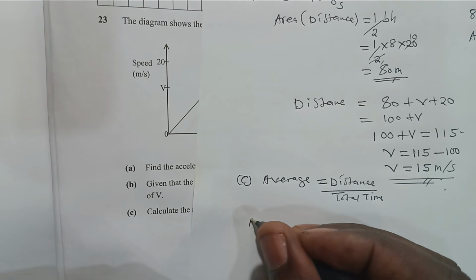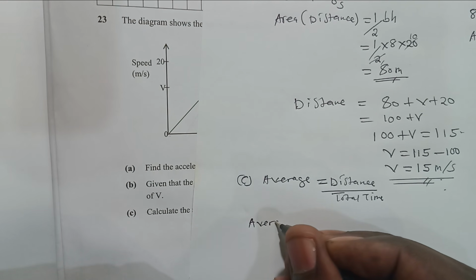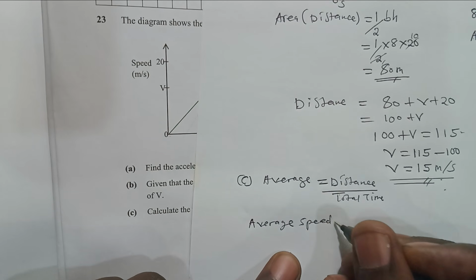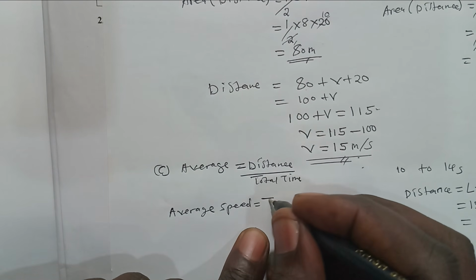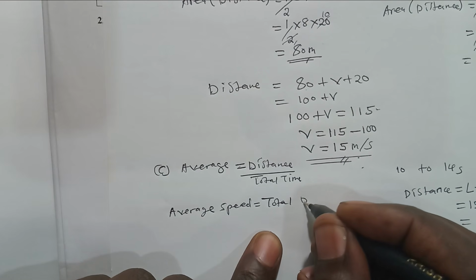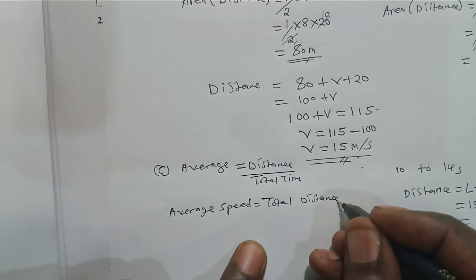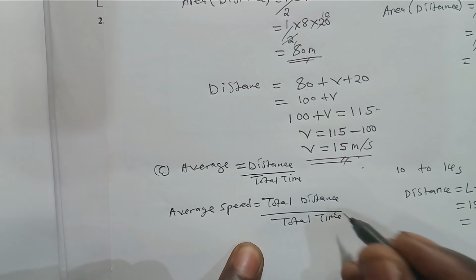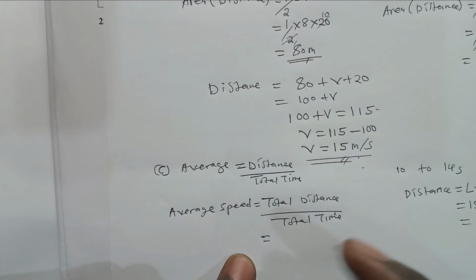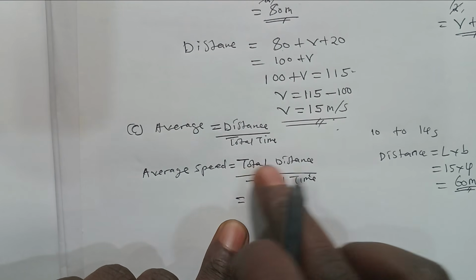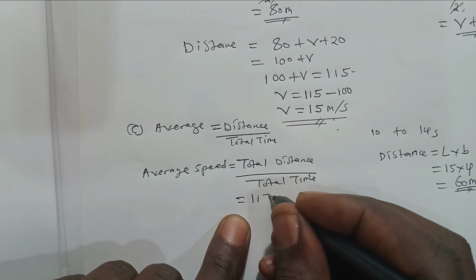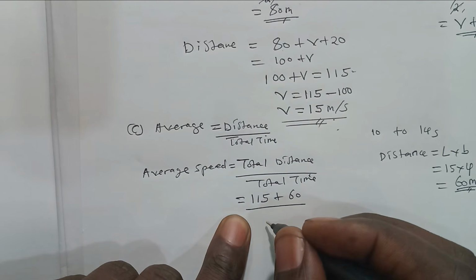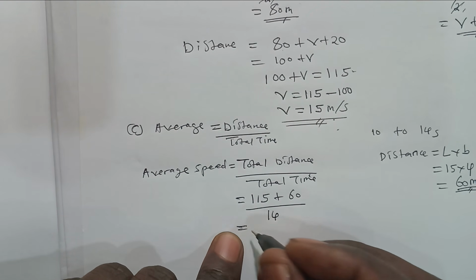So we are saying average speed is equal to total distance over total time. In our case, our total distance will be 115 plus 60, divided by time, which is 14 as given in the question.